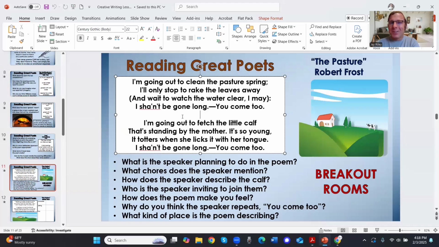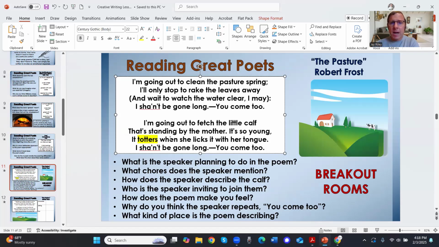He's going to fetch that little calf. And I love the way he uses a lot of descriptive language here. Really descriptive, strong verb, totters. When I think of something tottering, I think of it being very weak, very unable to stand up. So we've got the narrator as the character.